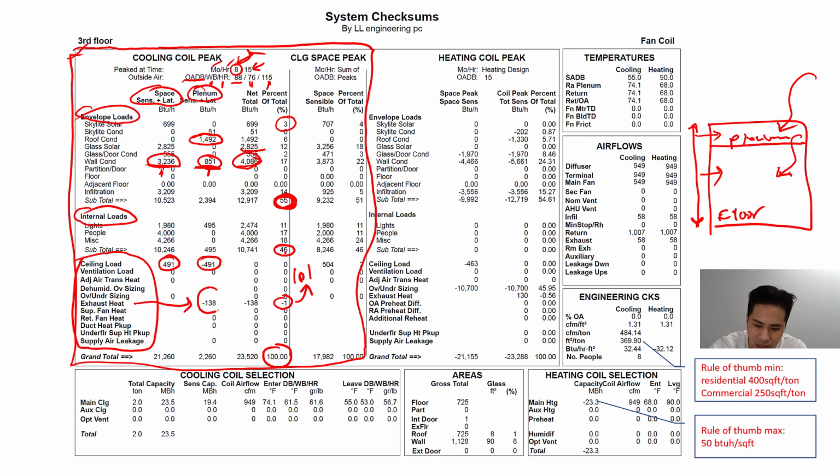So you can see some heat is being removed from being exhausted out of the space, and the total is right here, 23,520. So if you convert that to MBH, it's 23.5, which is how this number got here for the total capacity for cooling.